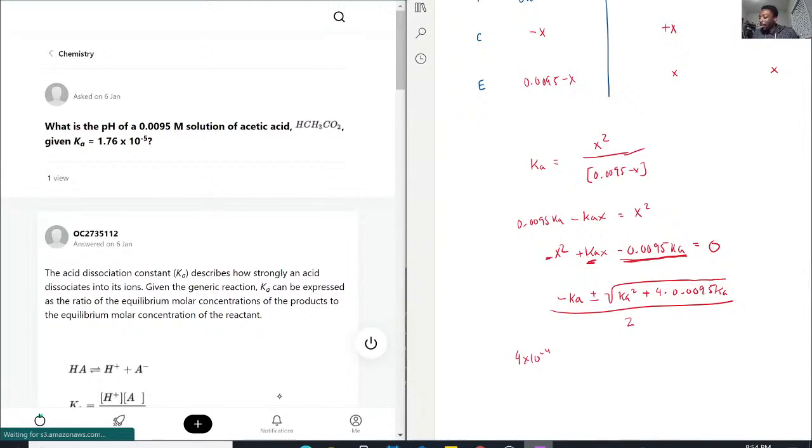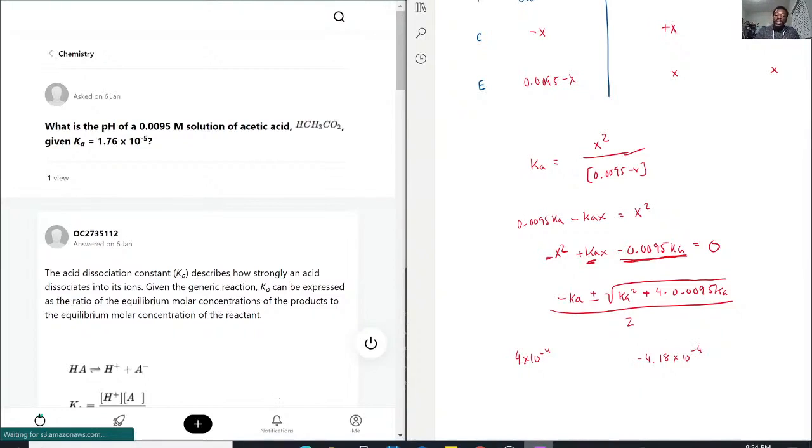So now we're going to have that same number, put a negative in front of it, and then add that negative Ka, and then divide by 2. And this one we have another answer of 4.18 times 10 to the negative 4, or negative 4.18.